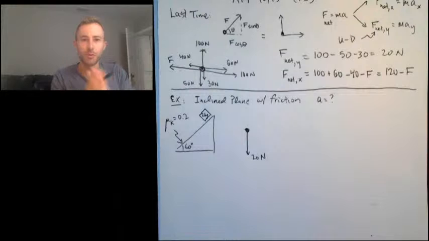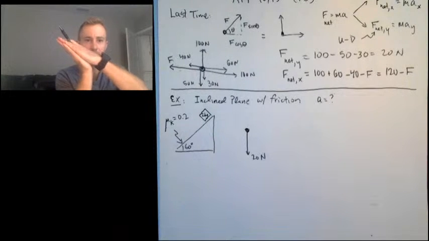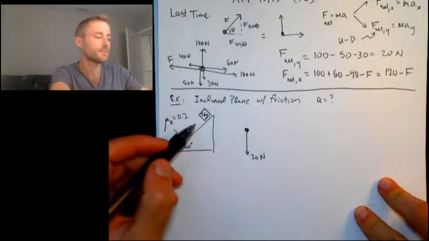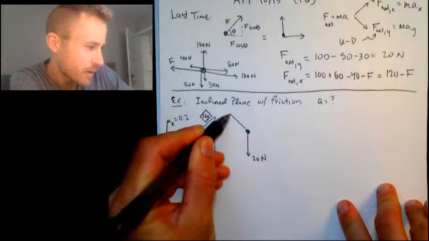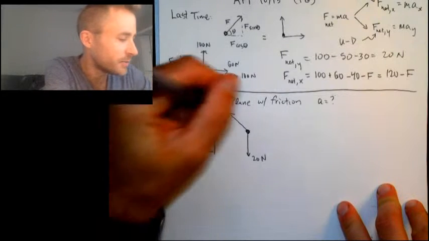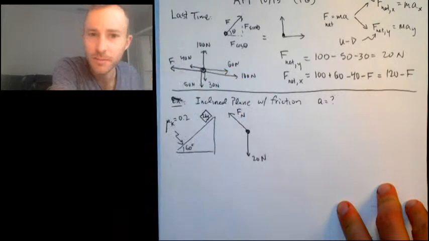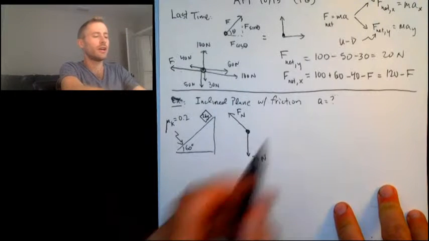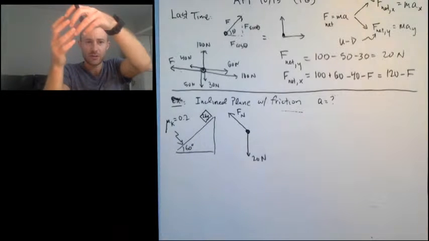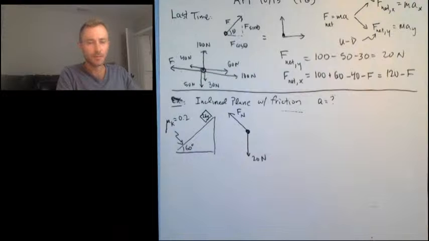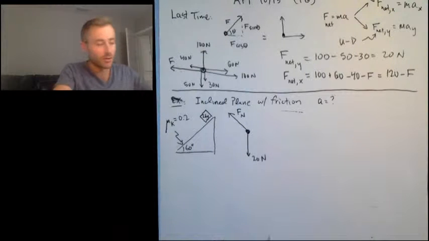The normal force points perpendicular to the surface. Because the surface is slanted, the normal force is also going to be slanted. So it's going to be perpendicular to the incline. So there's the normal force right there. And then we're also going to have kinetic friction. So how does kinetic friction point? Kinetic friction is an oppositional force. So if this block is sliding down the incline, kinetic friction is going to point up the incline.